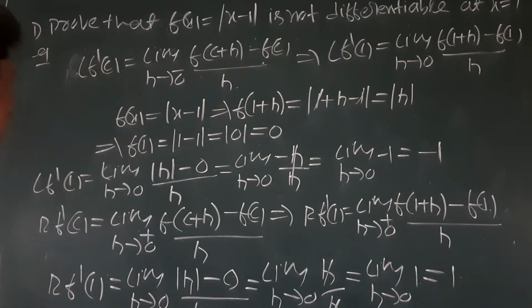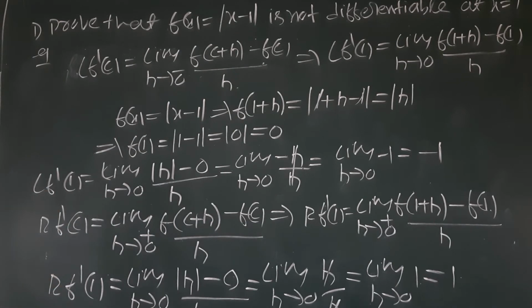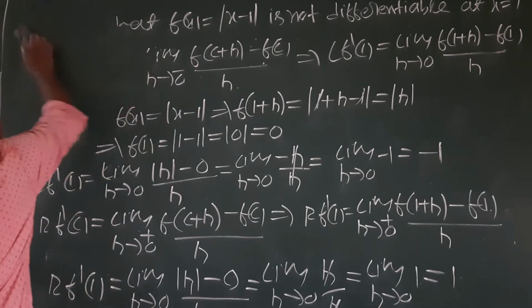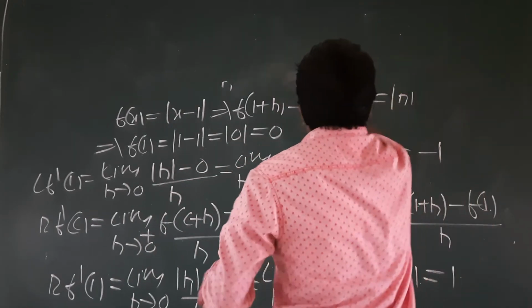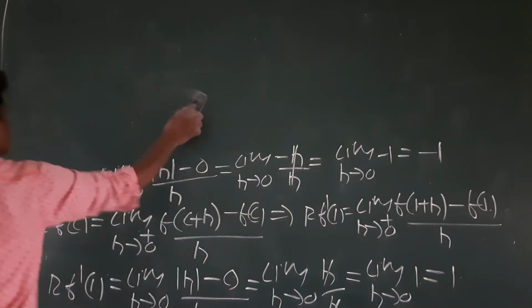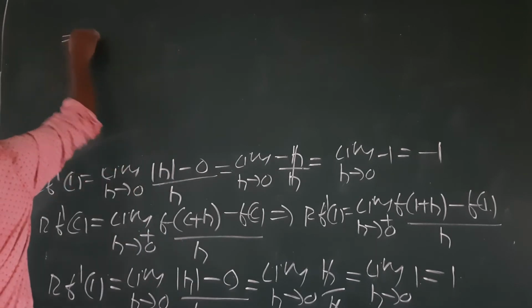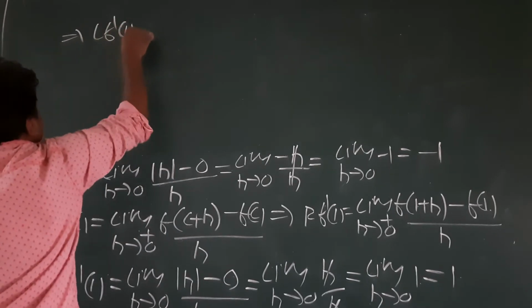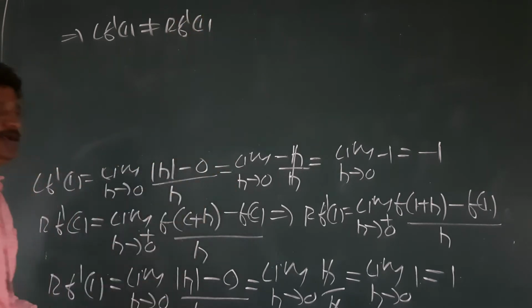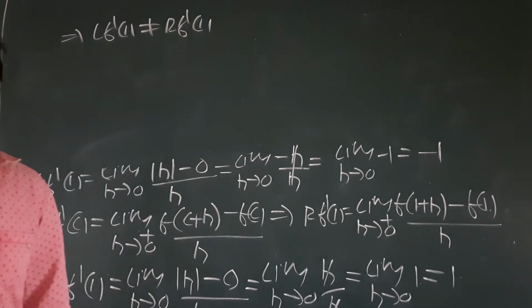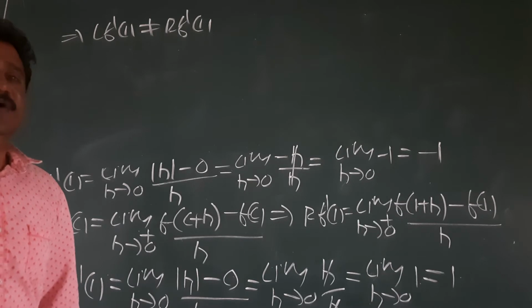From this it is so clear that L f dash 1 is not equal to R f dash 1. So the left hand derivative and right hand derivative are not becoming equal. What does it mean?